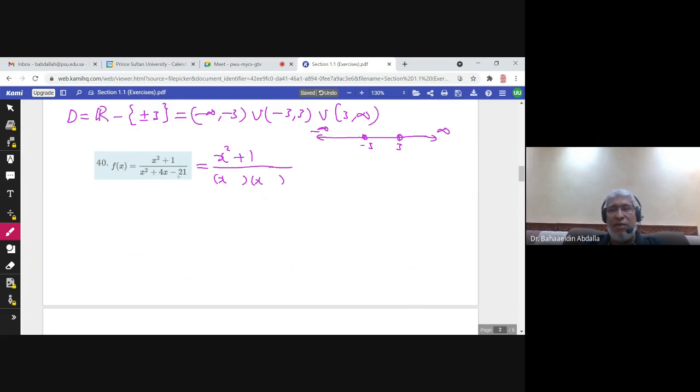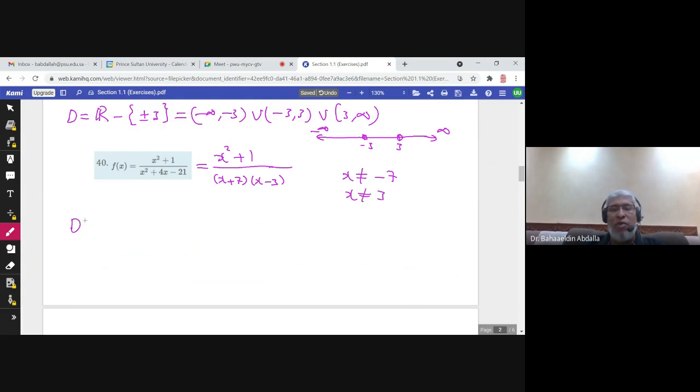3 times 7 is 21. I need the sum to be positive 4, so plus 7 and minus 3. Now negative 3 times 7 is negative 21 and 7 plus negative 3 is 4. So this is the factored form of this trinomial. Now, what are the zeros of the denominator? x cannot be negative 7 and x cannot be 3.